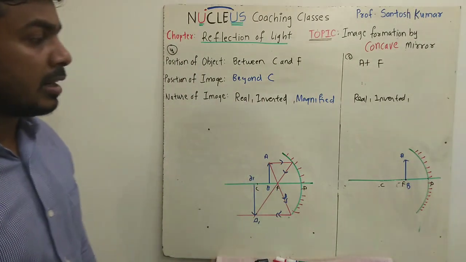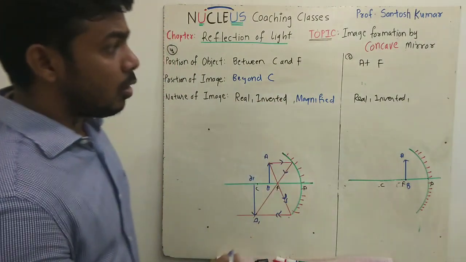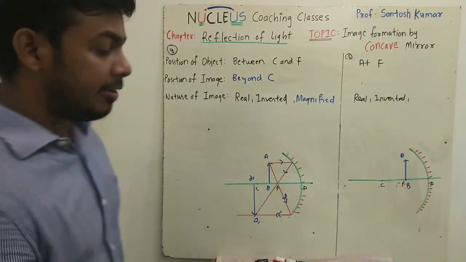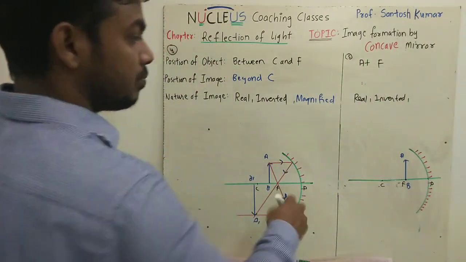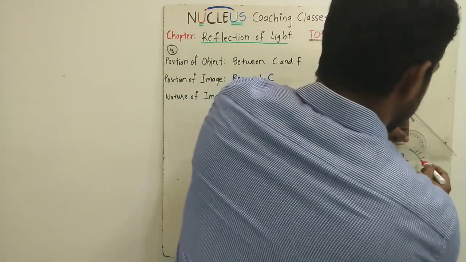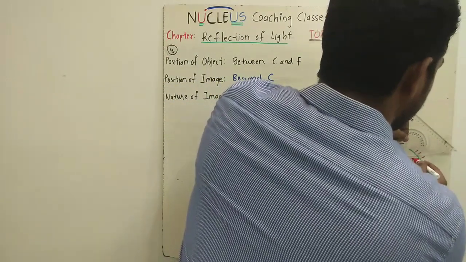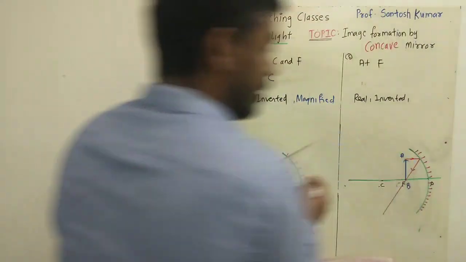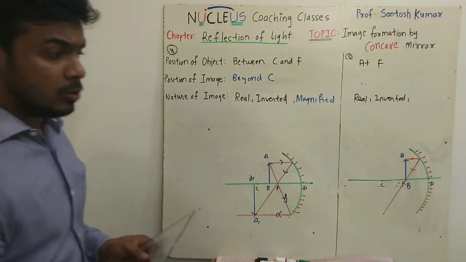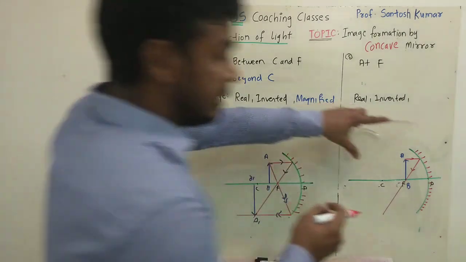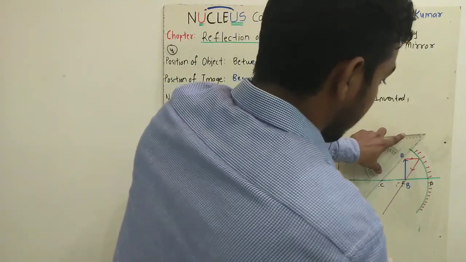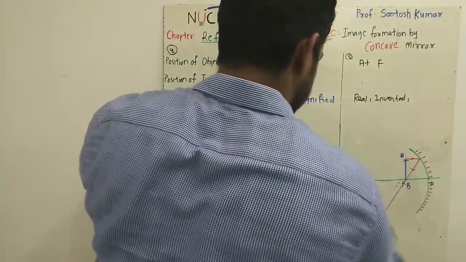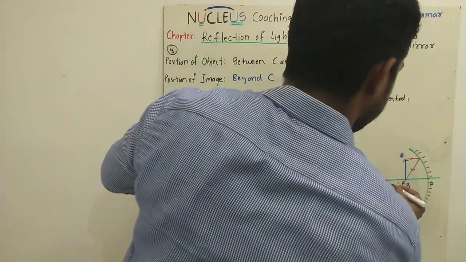So real, inverted, magnified. In the next case, the fifth case, I have placed the object, come on, tell me, at F. So what do I have to do? I have to consider the rays parallel to the principal axis. So one of the rays I have considered parallel to the principal axis, right? The other ray you can pass through P or you can pass through C. Let's mark C first of all over here.